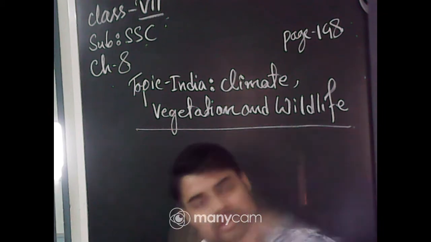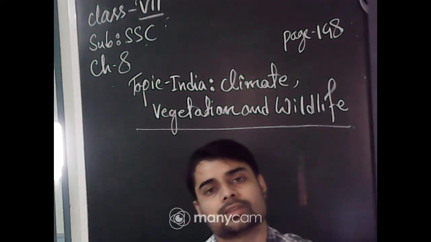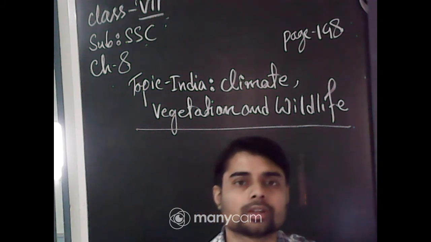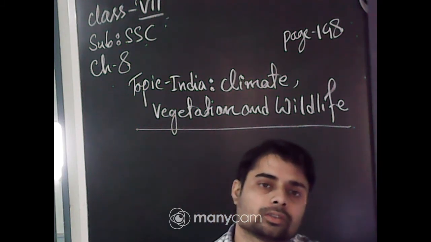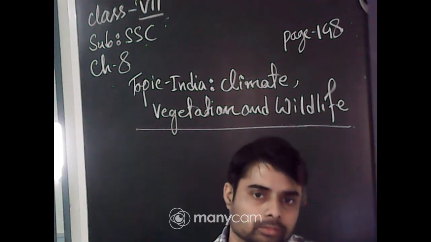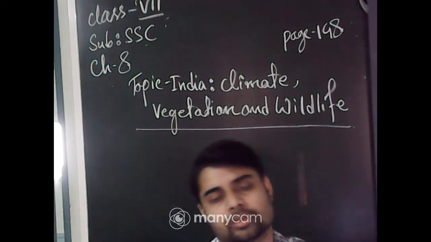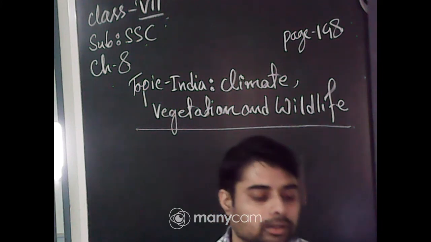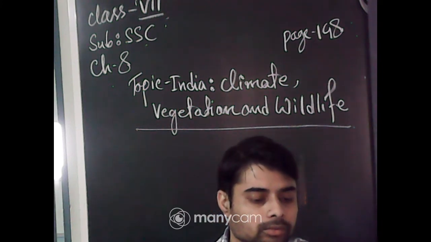And when the northern hemisphere is very far from the sun due to the tilted position, it is very cold because it does not receive much sunlight. In this way the winter season occurs in our country.